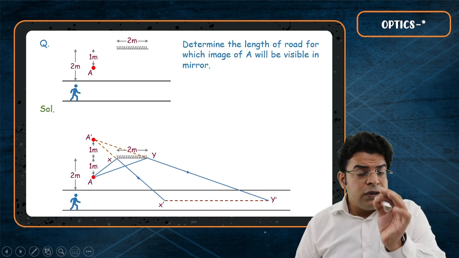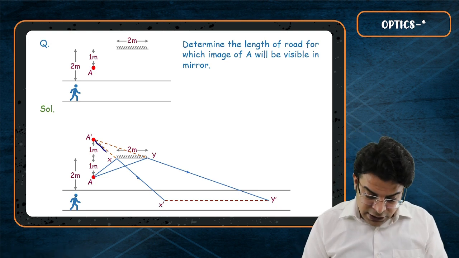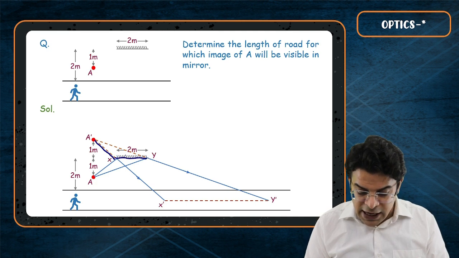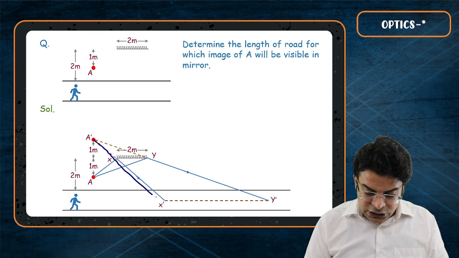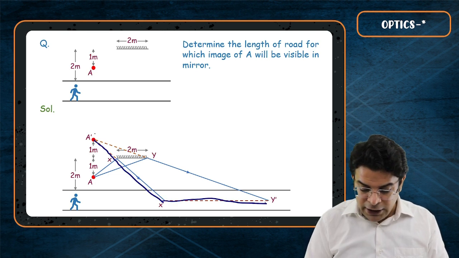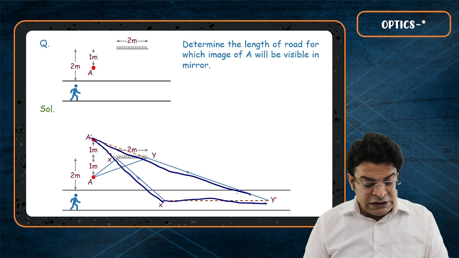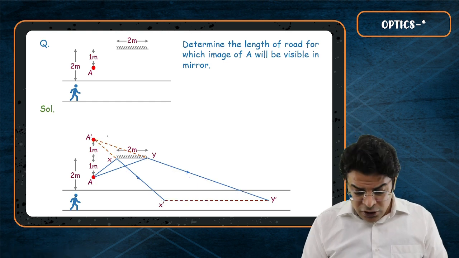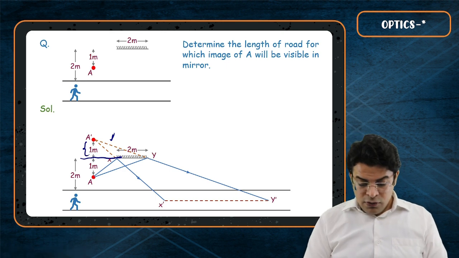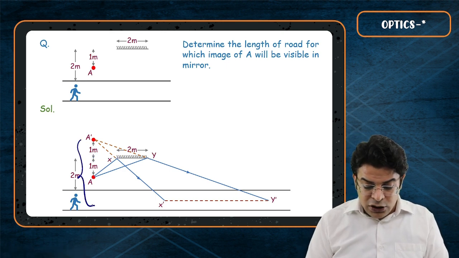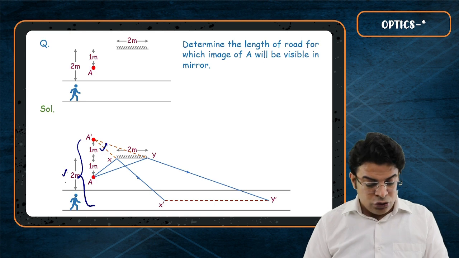We will look into two similar triangles. Think of this triangle A dash x y, and this bigger triangle A dash x dash y dash. These two are similar triangles. For this smaller triangle, the height of the triangle is 1 meter. For this bigger triangle, the height of the triangle is 1 meter plus 2 meter.